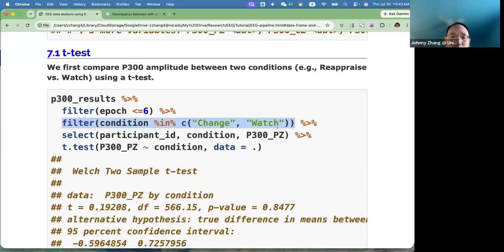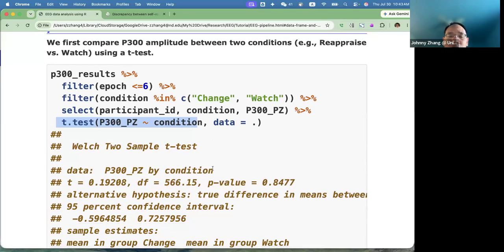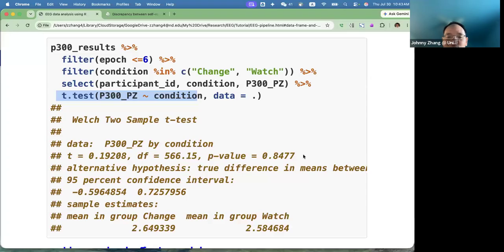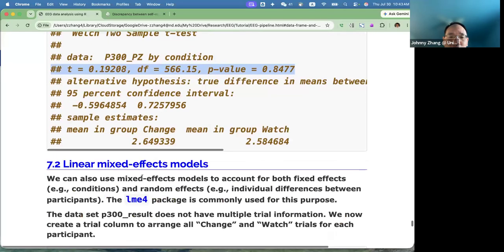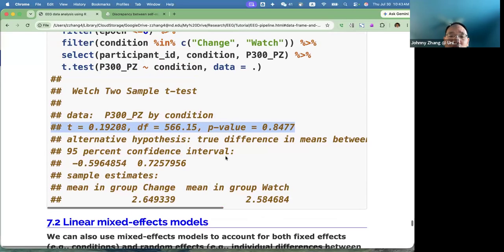Then I do a t-test based on the conditions. That basically means the difference between the mean P300 for the change and watch conditions. And based on the data analysis, there's no difference, which means they are about the same.